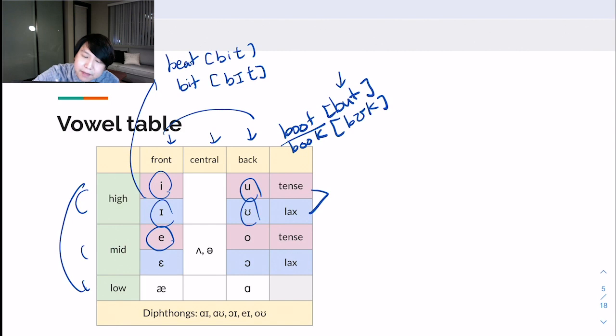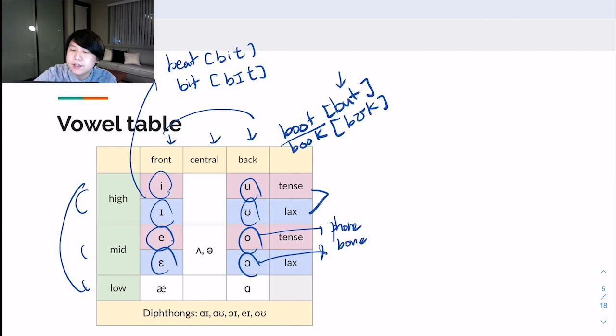Also, there's o and ɔ, as in phone, bone. Here is a pronunciation for jaw, law, or cough. Those pronunciations. This is a low front vowel, as in back, man.